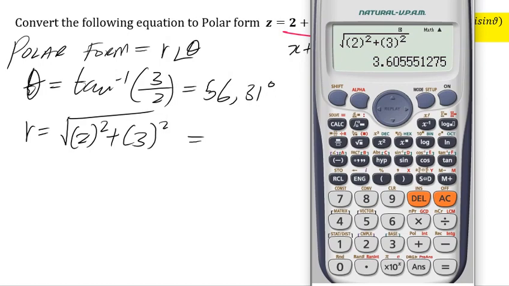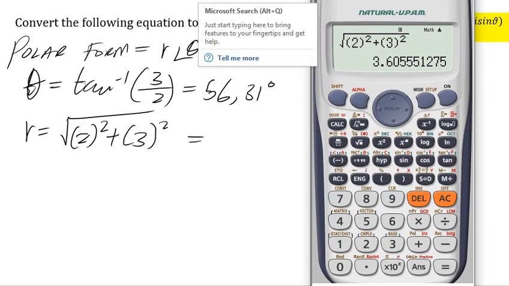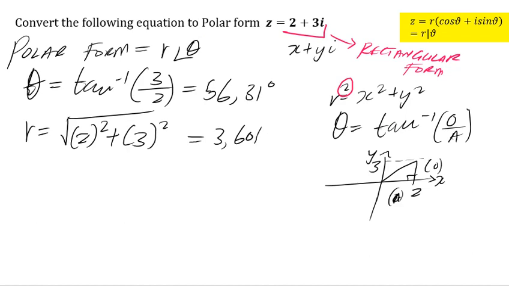Root 13 is the same as 3.606. The reason why I'm saying 3.606 is because it's 3.6055.